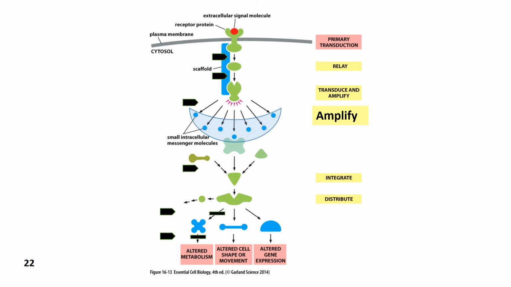This whole process of using a cascade is referred to as signal transduction. Signal transduction is what occurs when a signaling molecule binds to a cell surface receptor and induces an intracellular cascade that ultimately alters cellular behavior.